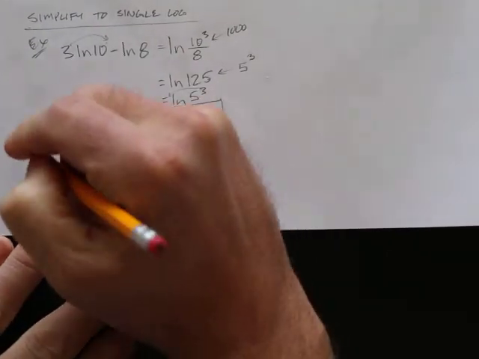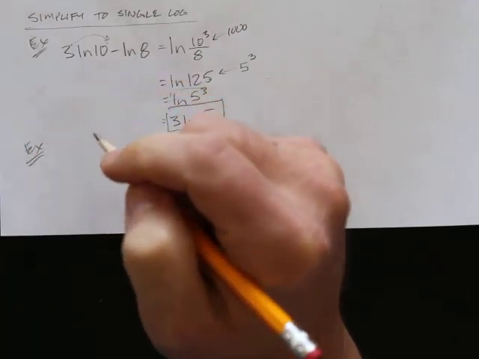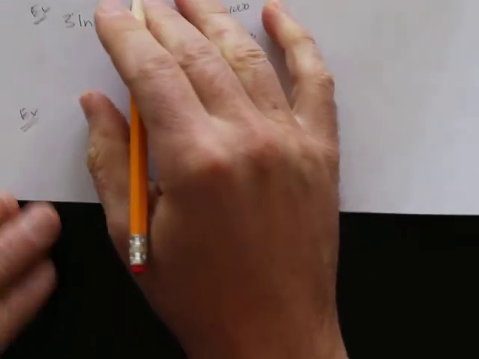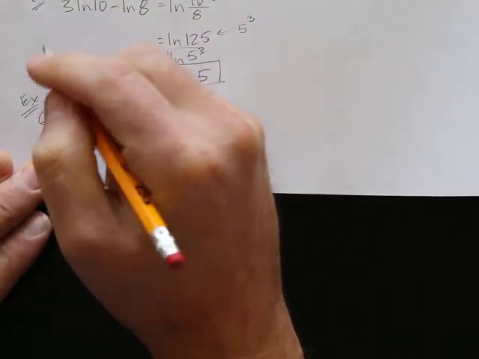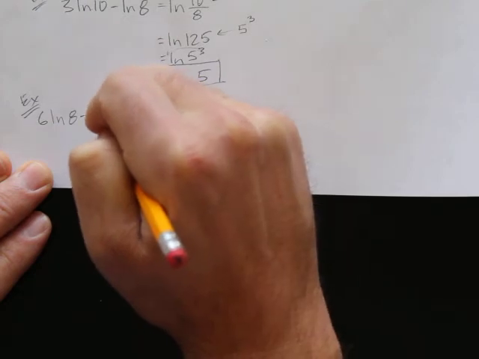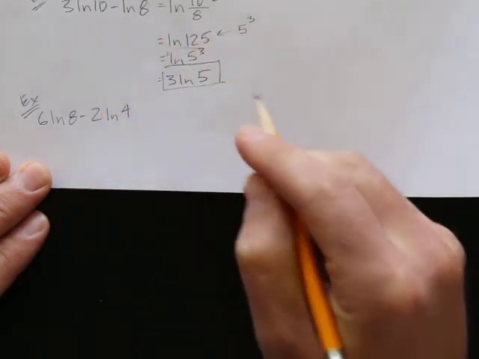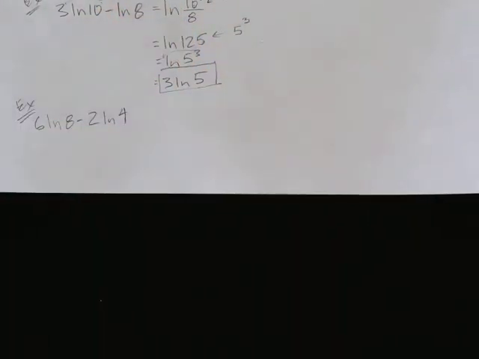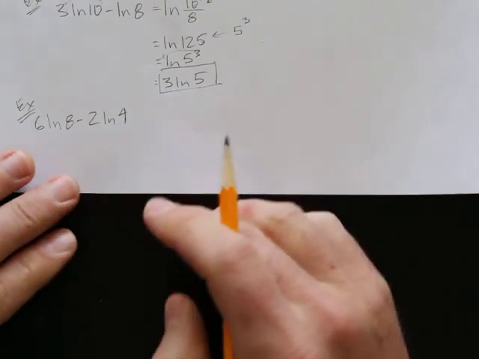Let's do another one. 6 natural log of 8 minus 2 natural log of 4. Okay, so there are a couple ways that we can go about handling this.